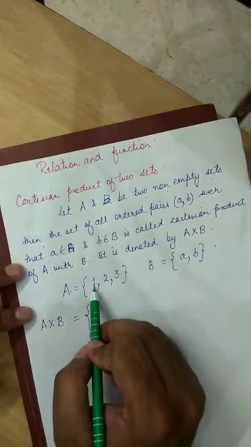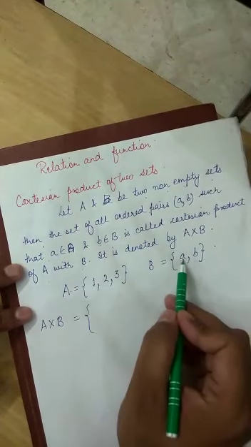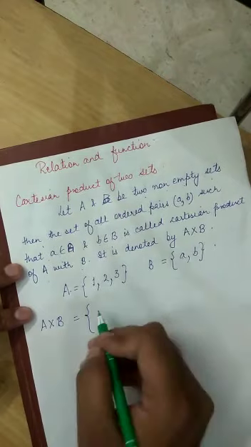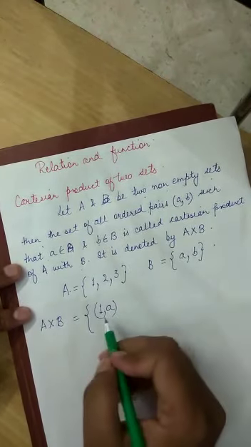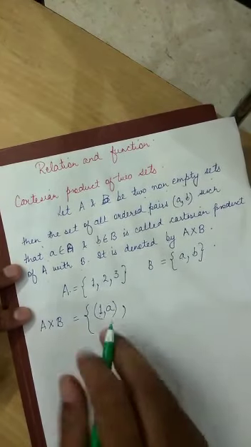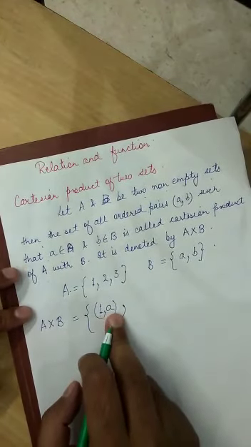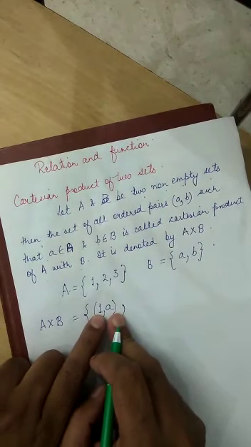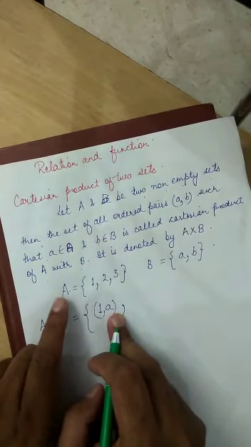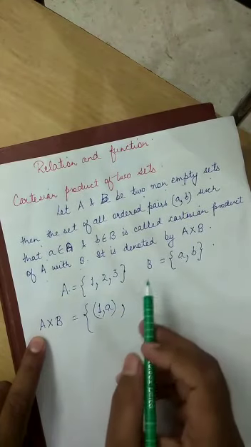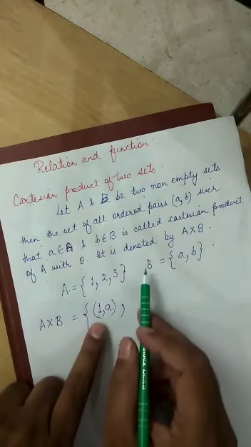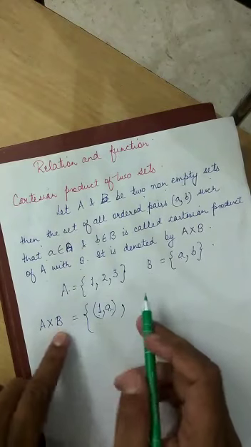First element of the first set and first element of the second set means (1, a). This is the first ordered pair. And why do we call it an ordered pair? Because the first element of the ordered pair belongs to the first set A, and the second element of the ordered pair belongs to the second set B.